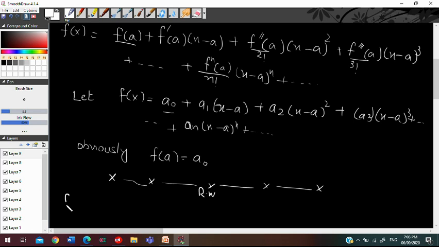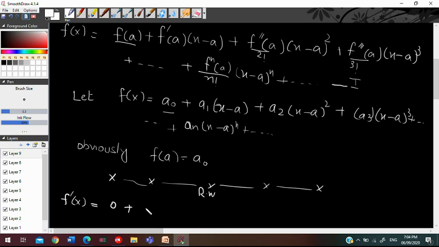If I have f prime of x, I am taking the first derivative of this series. This I can call equation number 1. If I take the first derivative of equation number 1, what will happen? f prime of x is equal to, f of a is a function at some real number, so its derivative must be equal to 0.